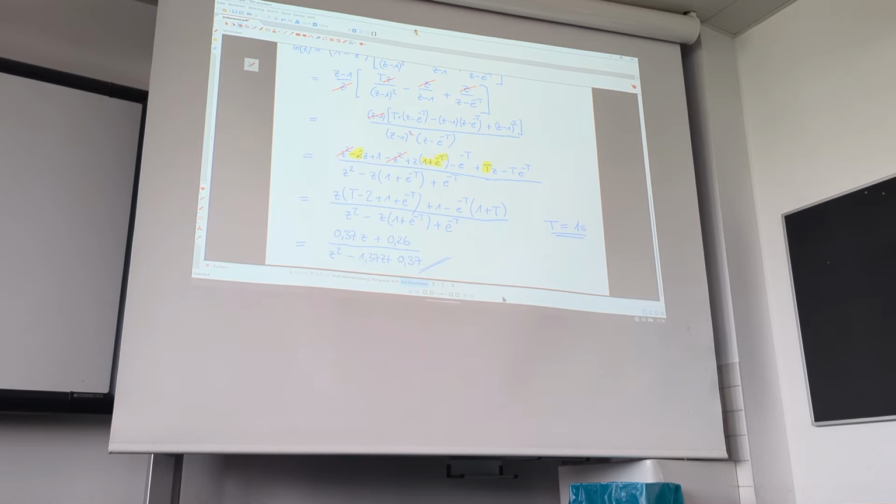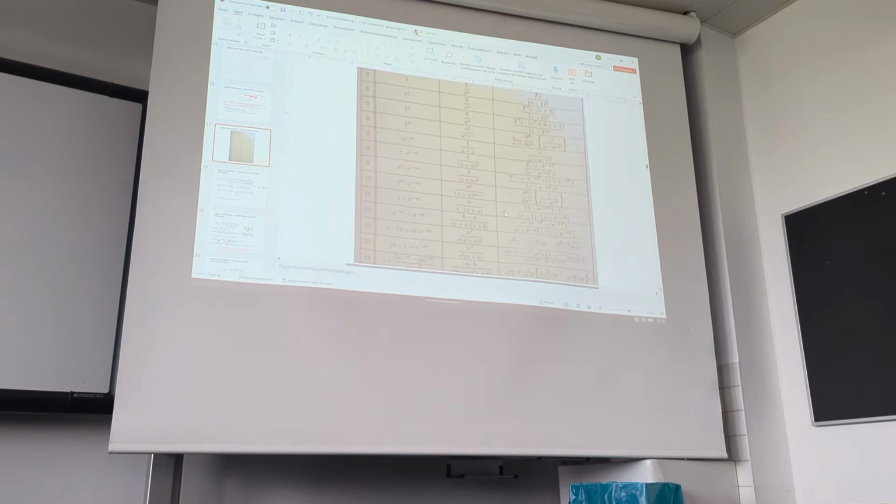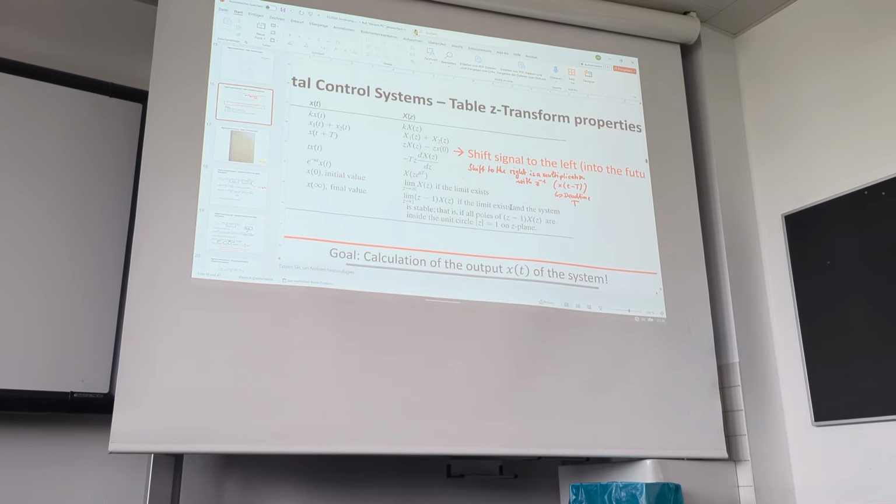Okay. So let's have a look at the table. If you have a look at the grammar of the table, a shift with a plus, t plus T, would be a multiplication with z.